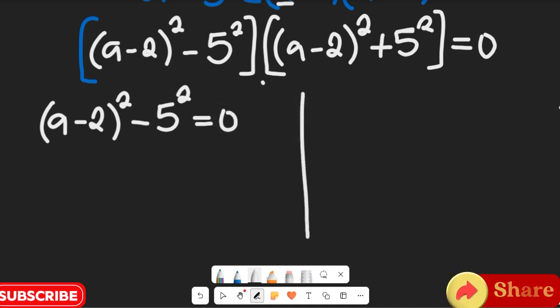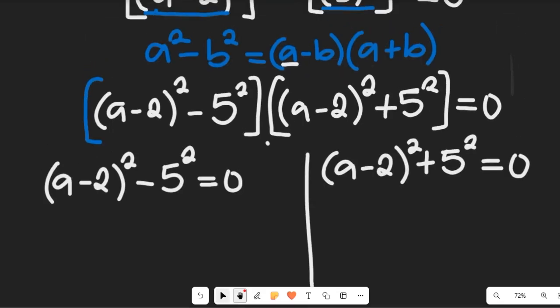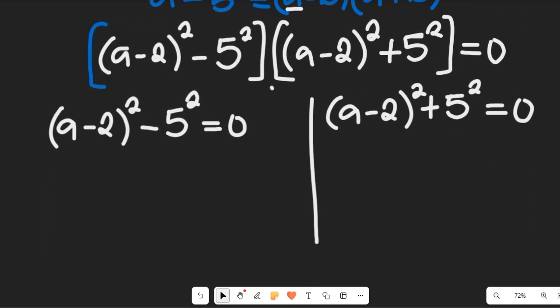And I'm going to have another one to give me (A minus 2) all squared plus 5 squared equal to 0. So how do I break down these two expressions in order to have my solutions? Now I can recall this same algebraic expression I used above here.